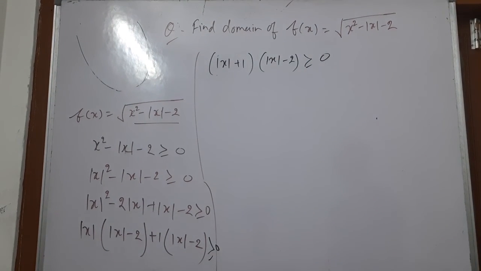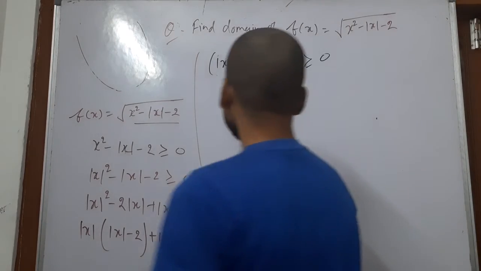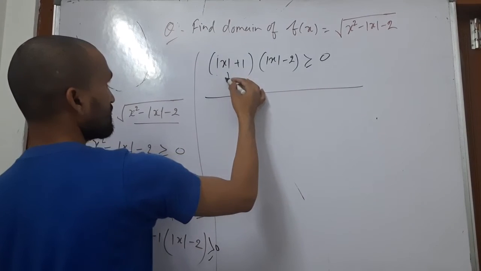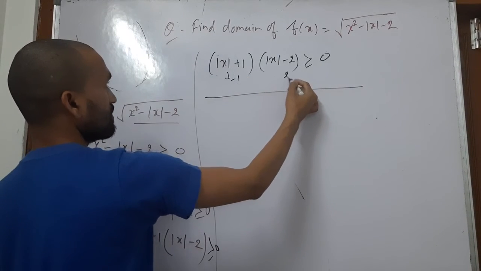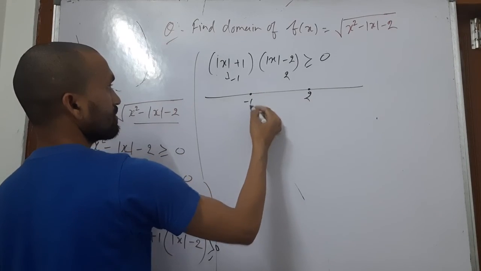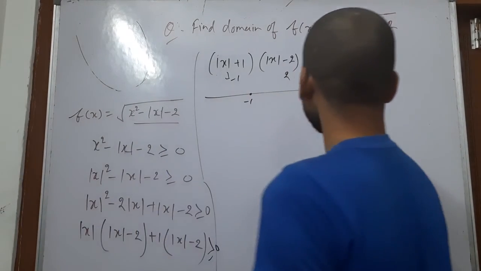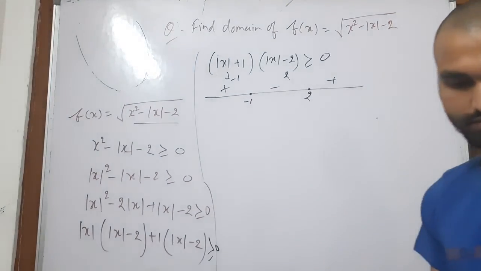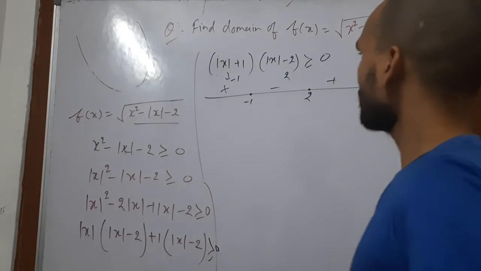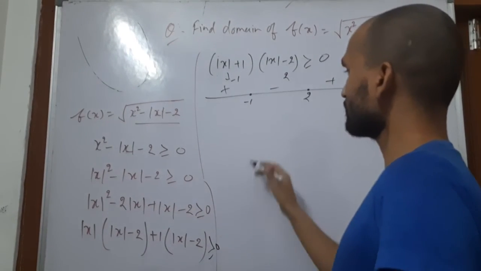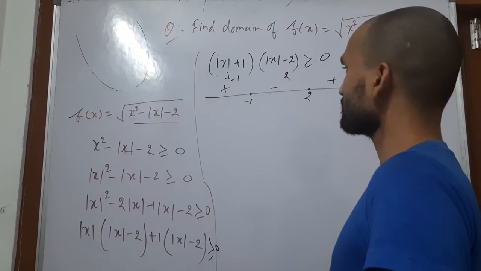Okay, now we should take it on the number line. Here the critical values will be minus 1 and plus 2, so we show 2 and minus 1. Now this is plus, minus, plus. So for greater than or equal to 0, we should take the plus side.